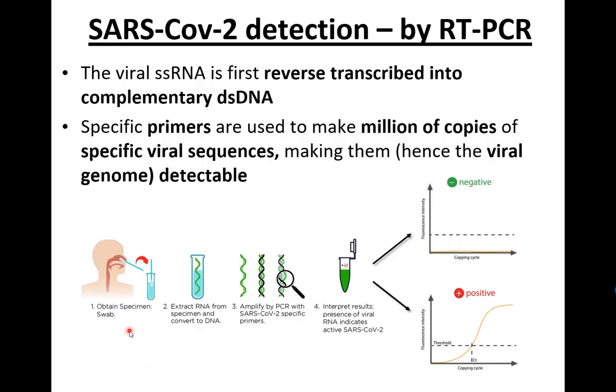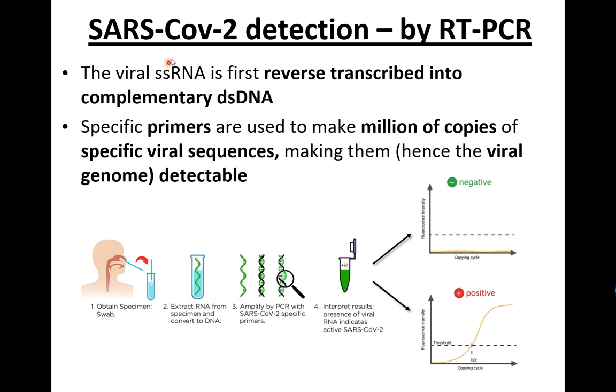It works similarly but is slightly different from the regular PCR in that this is used when you start from RNA. If you recall from previous lectures, the genome of SARS-CoV-2 is a single-strand RNA molecule. And so you can't really do regular PCR on it.